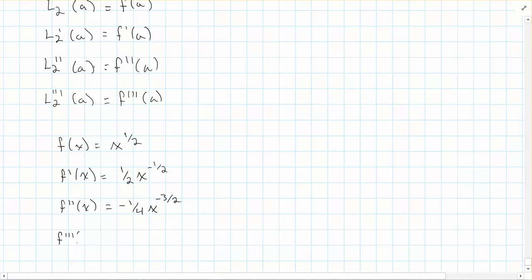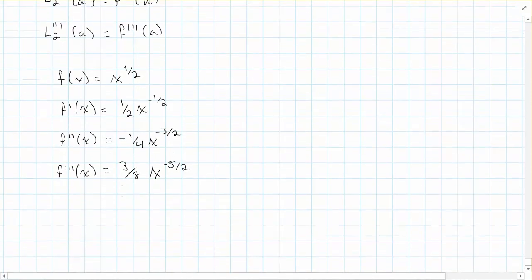F triple prime at x is, well, let's see if arithmetic doesn't fail me now, 3/8, since 3/2 times 1/4 is 3/8, and of course the negatives cancel each other, x to the negative 5/2.